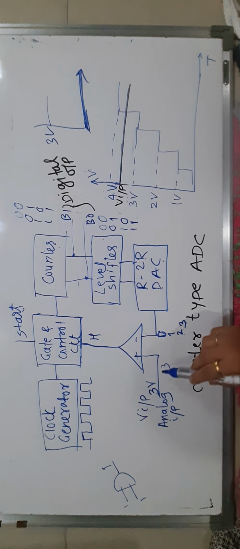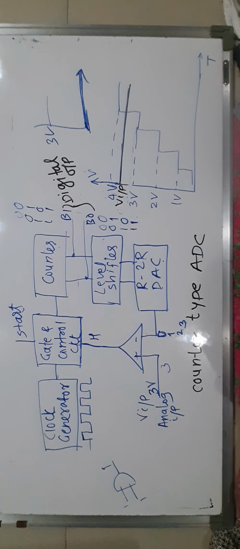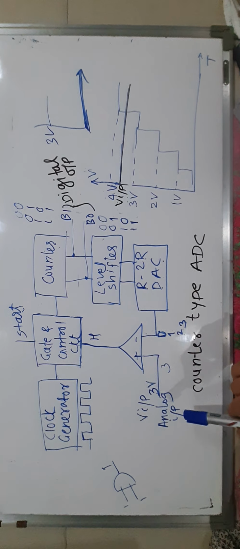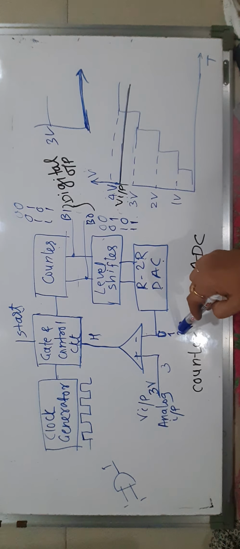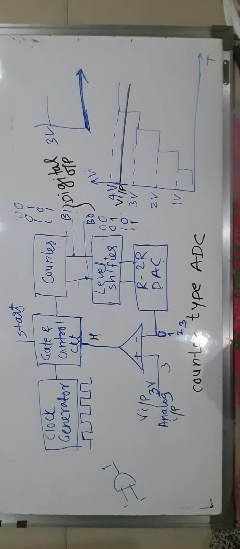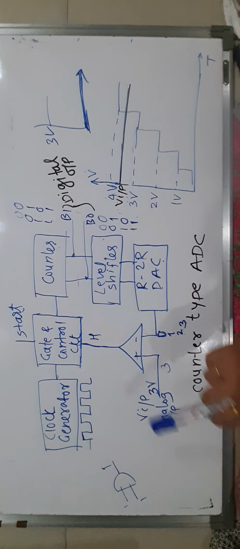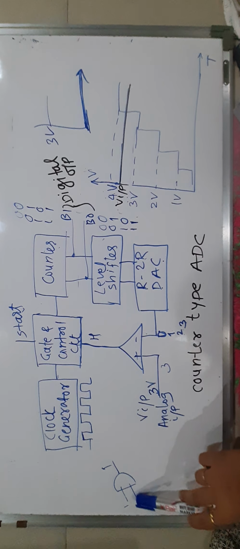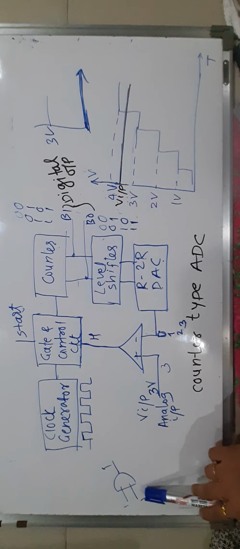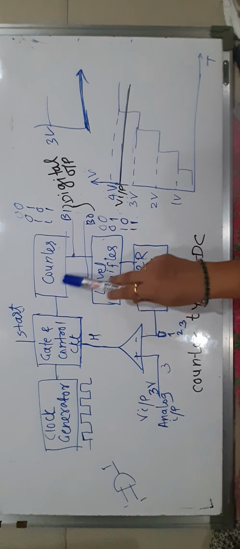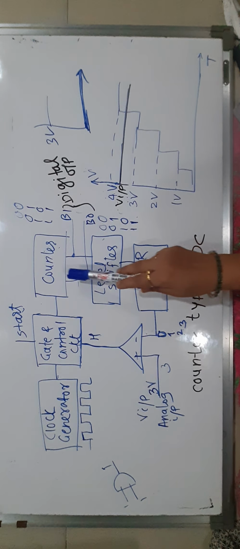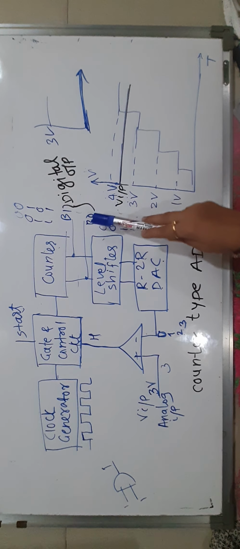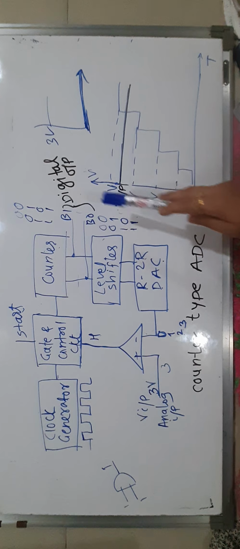Now when 3 and 3 are compared, if the reference voltage is equal to the input voltage or greater than it, then the output of the comparator will become low, so the counter will stop counting, because if one of the inputs of the AND gate becomes low then the output will be low, so the counter is not getting the high pulse, so the counter will stop counting and the output will be 11, which is nothing but 3 volts.